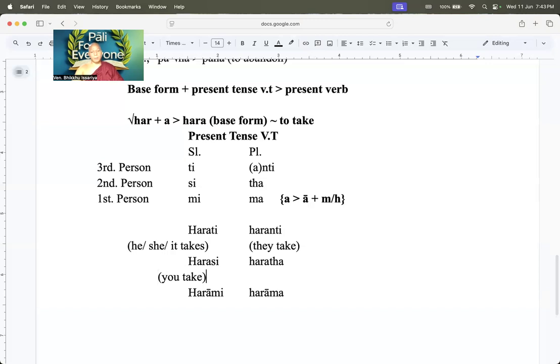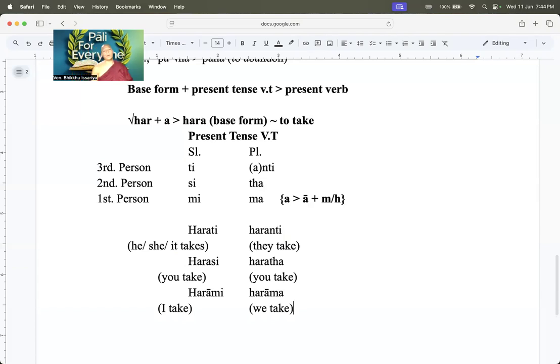And then in English, plural also, you take. And then here, for the first person singular, I take. For the first person plural, we take. Okay.